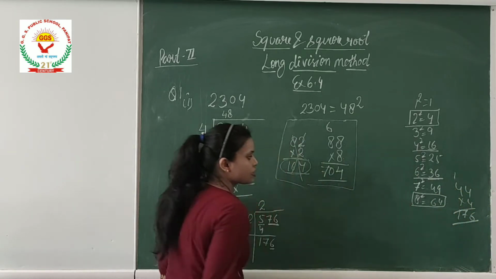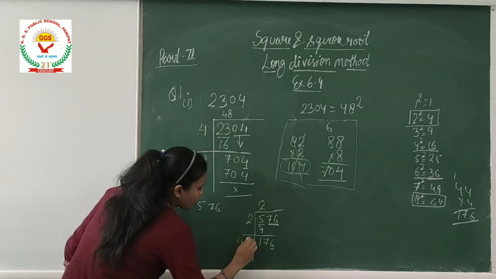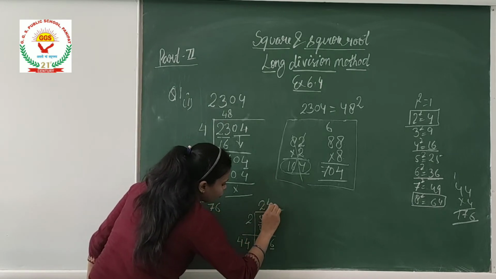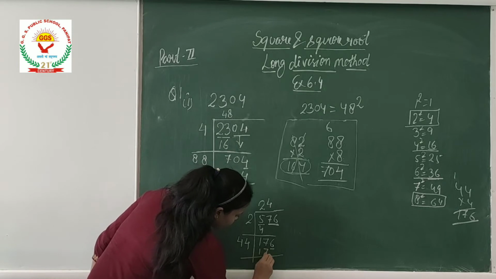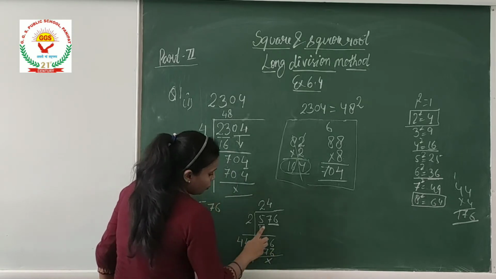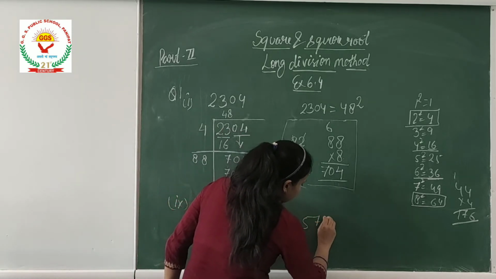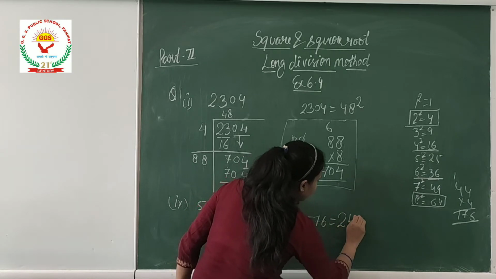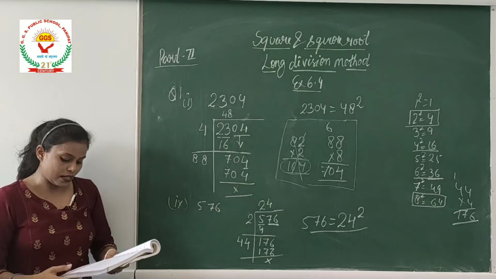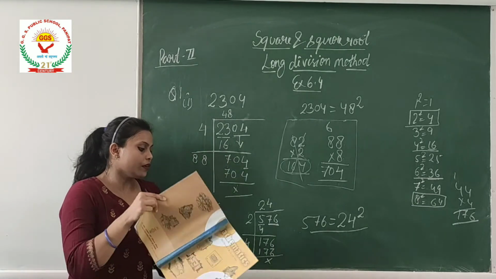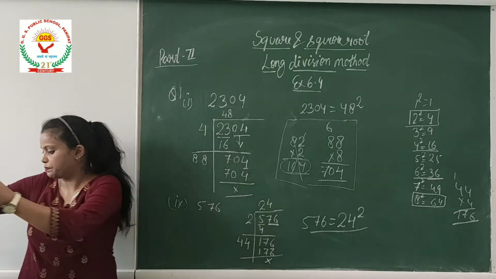So we get the answer on multiplying by 4. We will write 4 here and 4 here. So 576 is the square of 24. This is your answer. Rest of the questions are the same. Moving to question number 3.